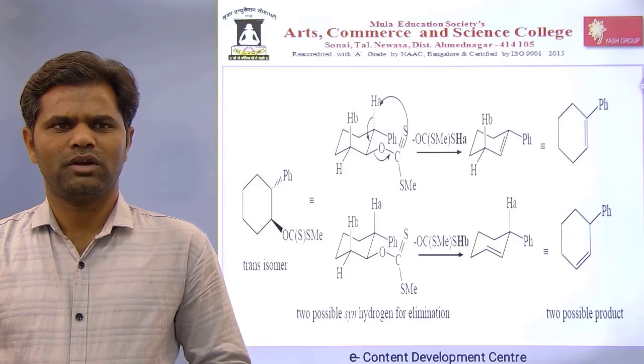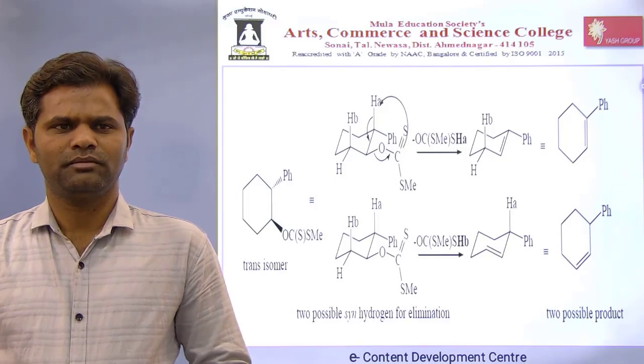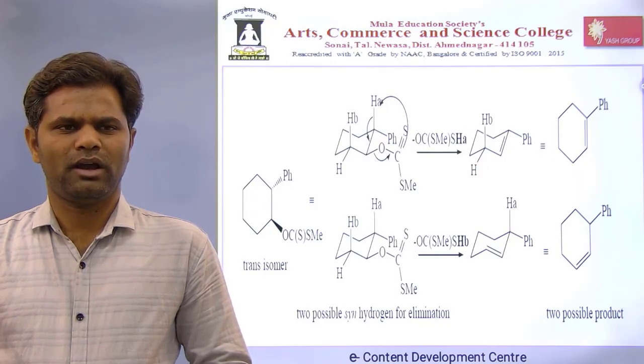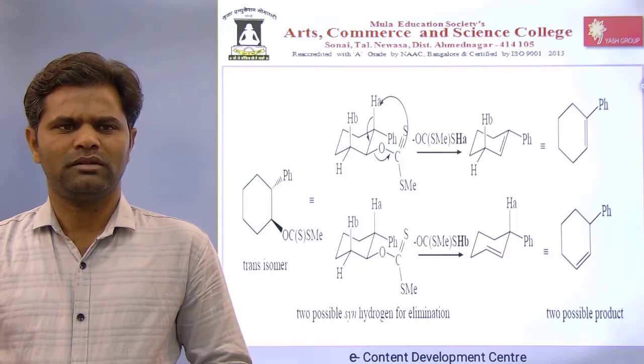That's why it undergoes the elimination with respect to the leaving group, and there is a formation of conjugated 1-phenyl cyclohexene. And in case of the second one, if you consider the Hb hydrogen, which also has the cis orientation with respect to the leaving group, that also is involved in cis elimination, and there's a formation of 3-phenyl cyclohexene.